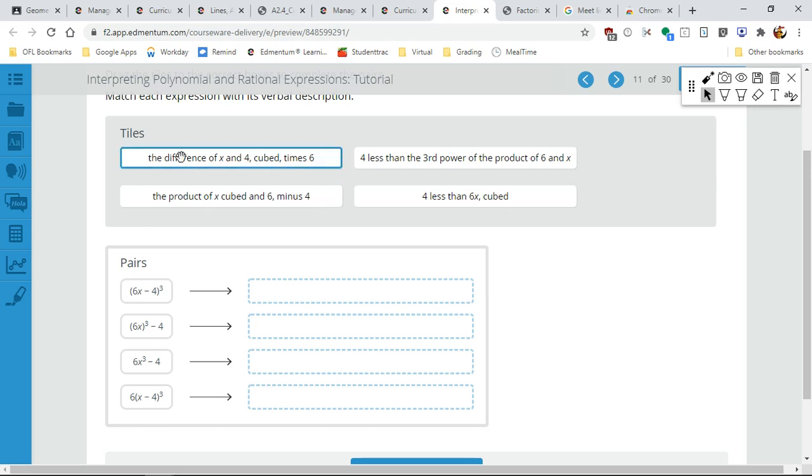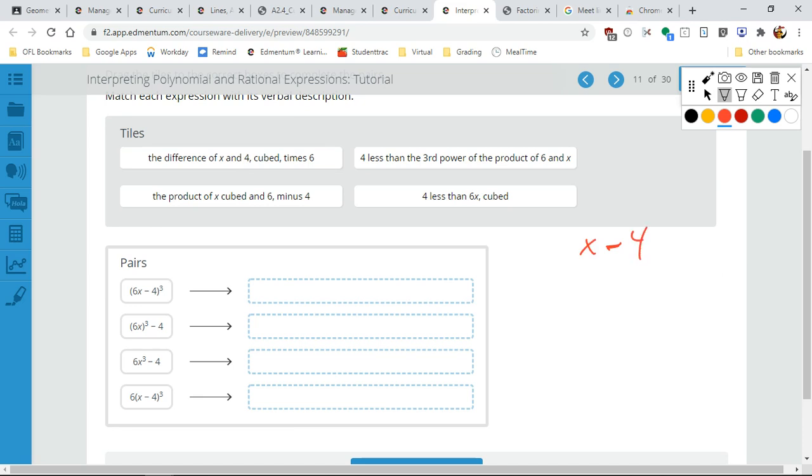So, for example, here, the difference of x and 4. So, when we say that, we're saying the difference, so we're saying subtraction, x and 4. Cubed. So, then we cube it times 6. And then we multiply it by 6.